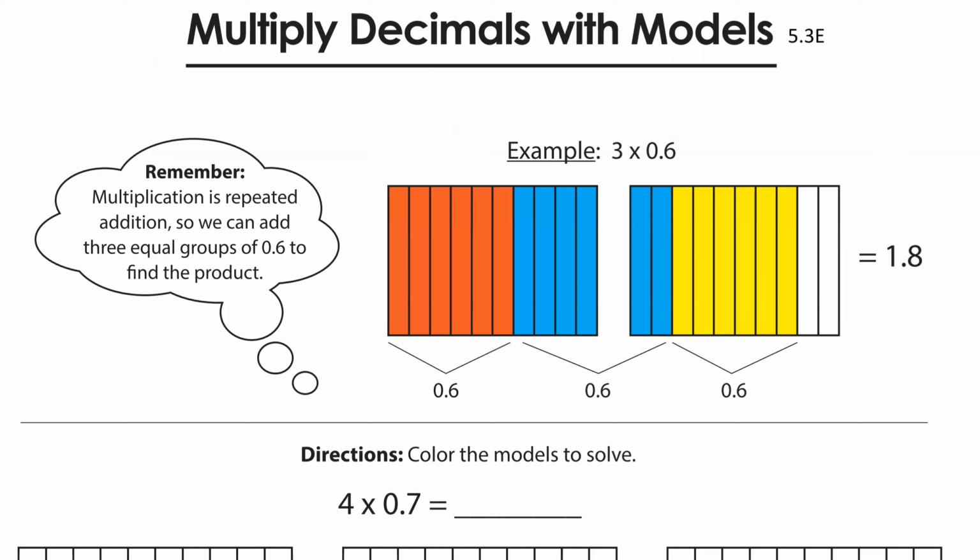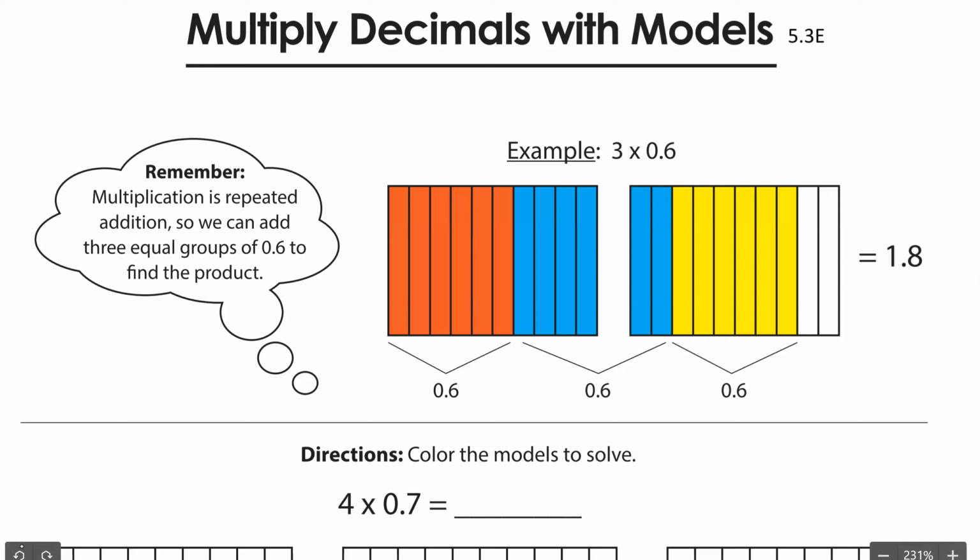And it says here, remember, multiplication is just repeated addition. So if I can remember it's repeated addition, that's pretty easy because we've known that since second grade when we first got introduced to multiplication. And so here I have 3 groups of 6/10.